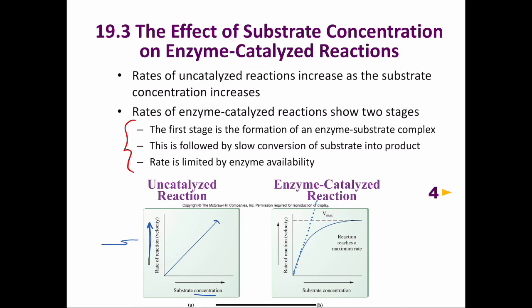Then when we convert the substrate into product and release the product from the enzyme, this step is the slow step. And this is what we call the rate limiting step, because the rate of the reaction is actually limited or controlled by the speed with which the substrate is converted into the product and then released. So in the end, the reaction rate is dependent on the amount of enzyme that is available.